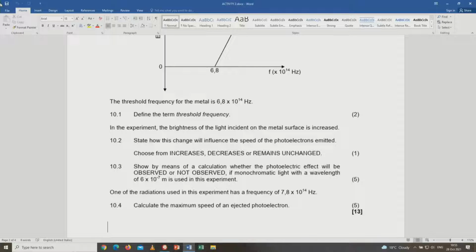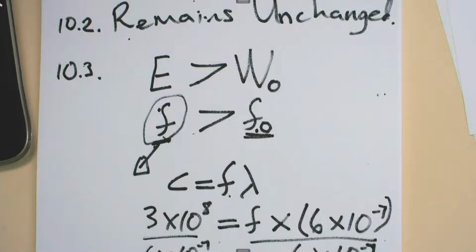We know our c is 3 times 10 to the power 8, which is equal to the frequency that we are looking for multiplied by the wavelength that we are given there, 6 times 10 to the power minus 7. Then we divide both sides by 6 times 10 to the power minus 7, and then we calculate our frequency. Our frequency will be this.